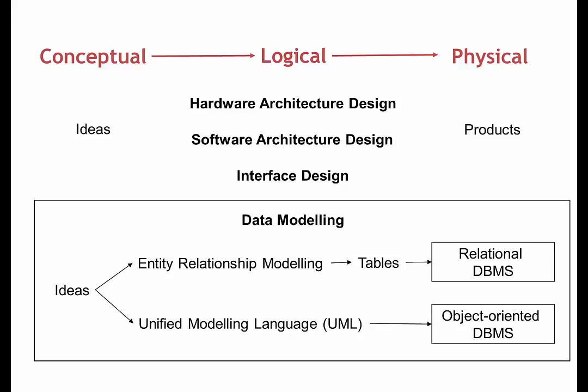We're going to do entity relationship modeling, a logical modeling process, which is what the rest of the lecture is about, and which allows us to produce our tables in our relational database system. If we're going an object approach, we would use an alternative logical modeling approach, almost certainly what's called unified modeling language, which is an object-oriented approach, which will give us an object-oriented design at the end of the day.